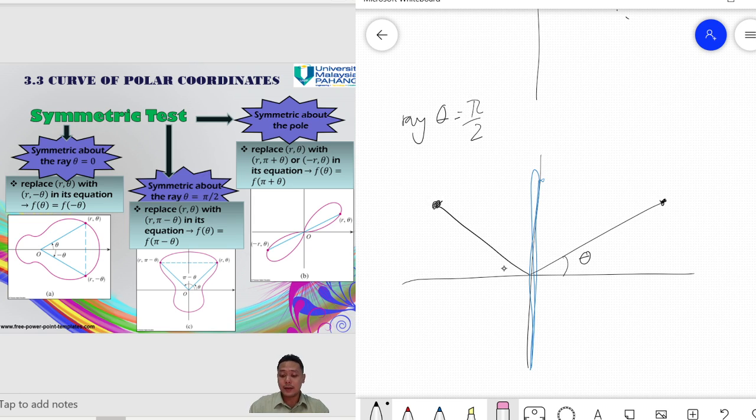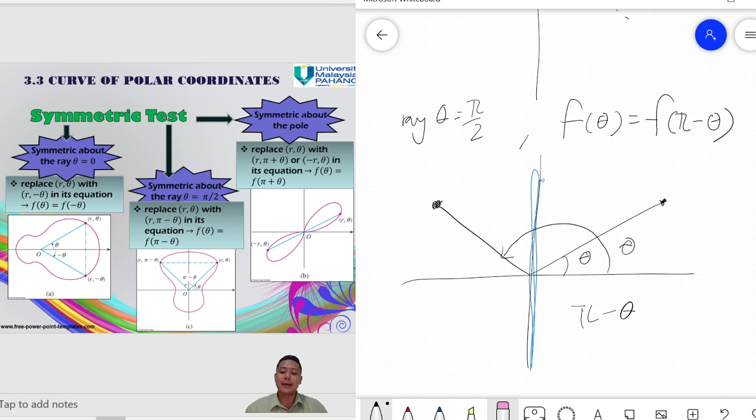Now, the angle here will be from the line here. Okay, how to get the value here? Just you get pi minus theta. So if you manage to prove that f theta equals to f pi tolak theta, then it means it is symmetrical at the ray pi over 2. It is symmetrical at the vertical axis y.